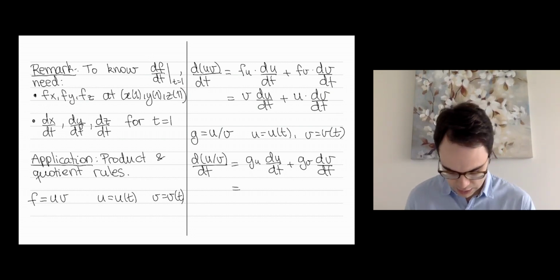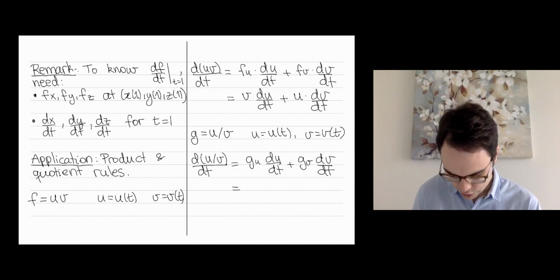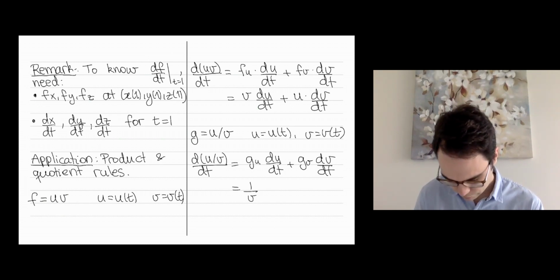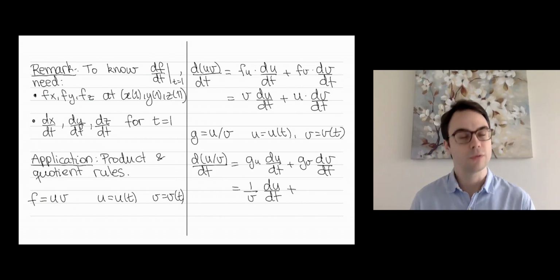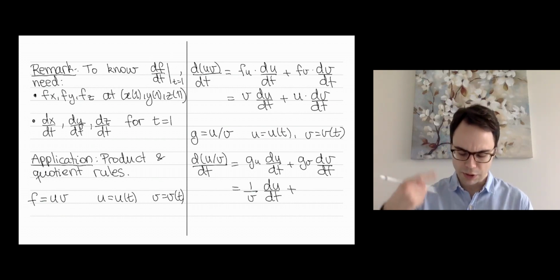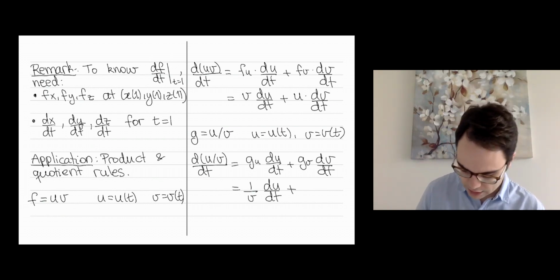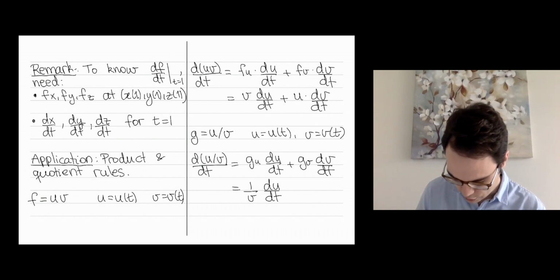Now, the u partial of g is just 1 over v, and the v partial of g is, so we have u times v to the minus 1. If I differentiate that, I get minus v to the minus 2, so minus u divided by v squared.